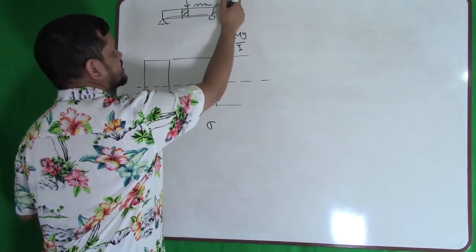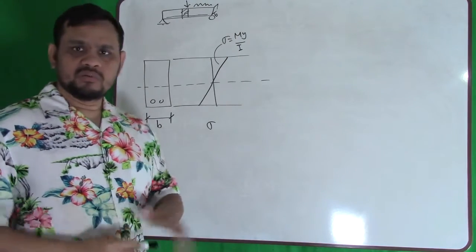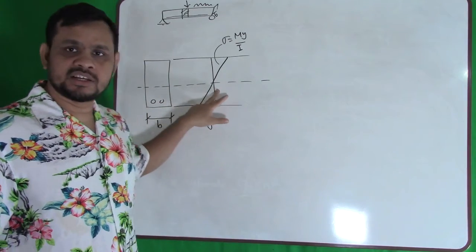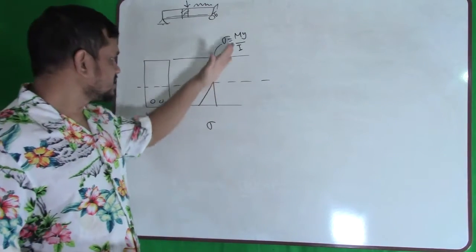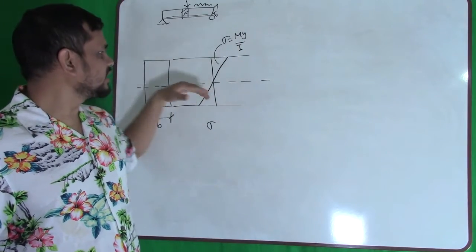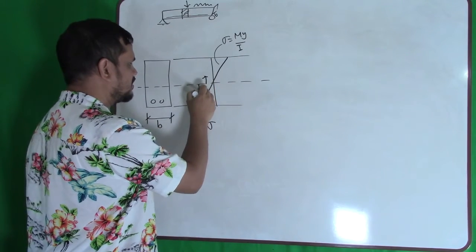We will need B later, not now. In strength of materials class, you saw that the stress diagram is linear, and it is sigma equals My over I, where y starts from here and goes there.